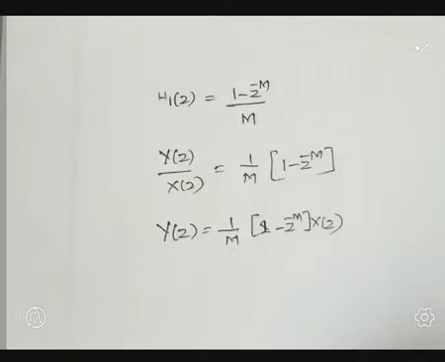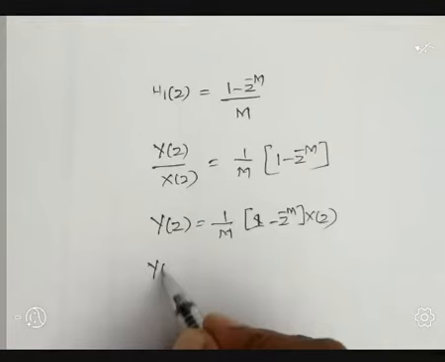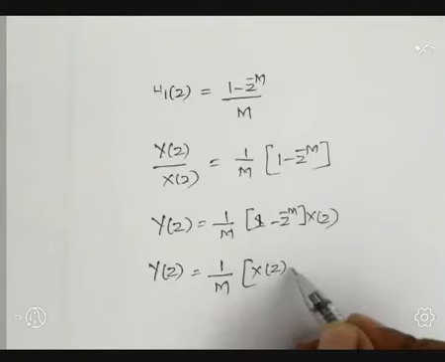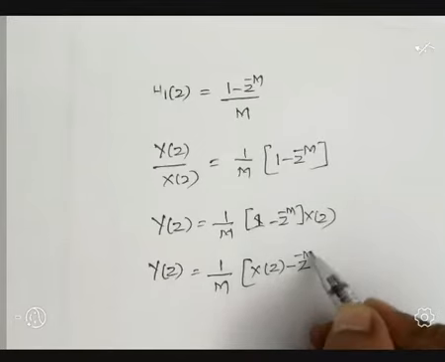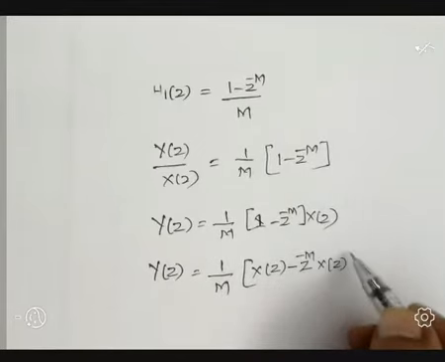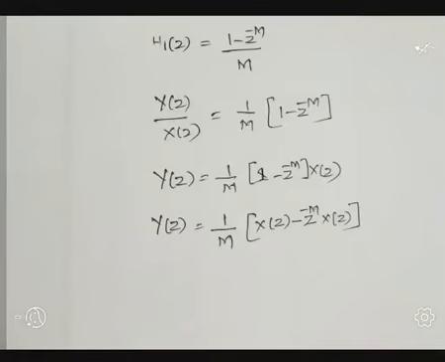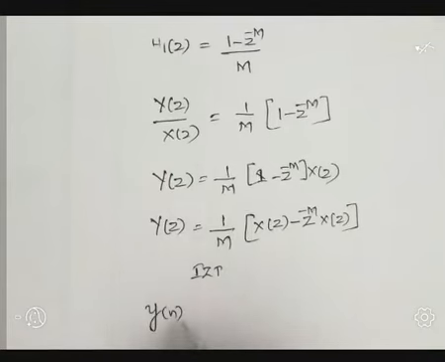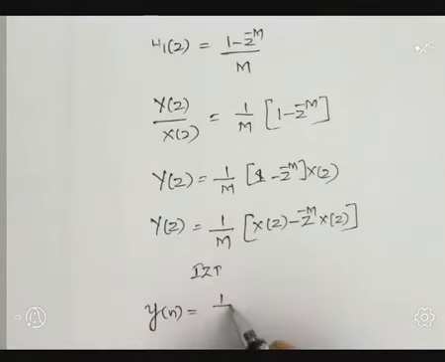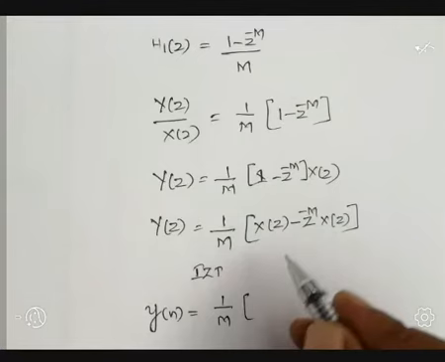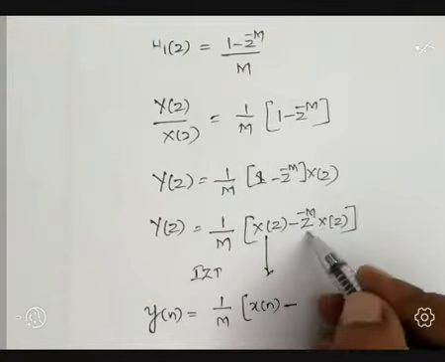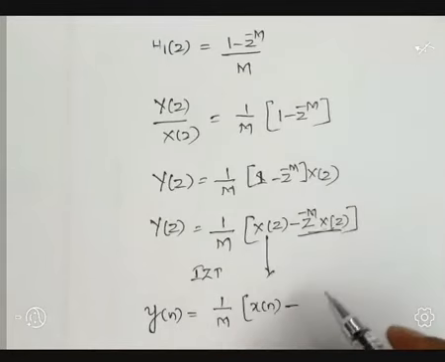Hence, Y of z equals 1 by M times X of z minus z to the power minus M into X of z. Next, let us take the inverse z transform. What we get is y of n equals 1 by M times x of n minus M times x of n minus M.